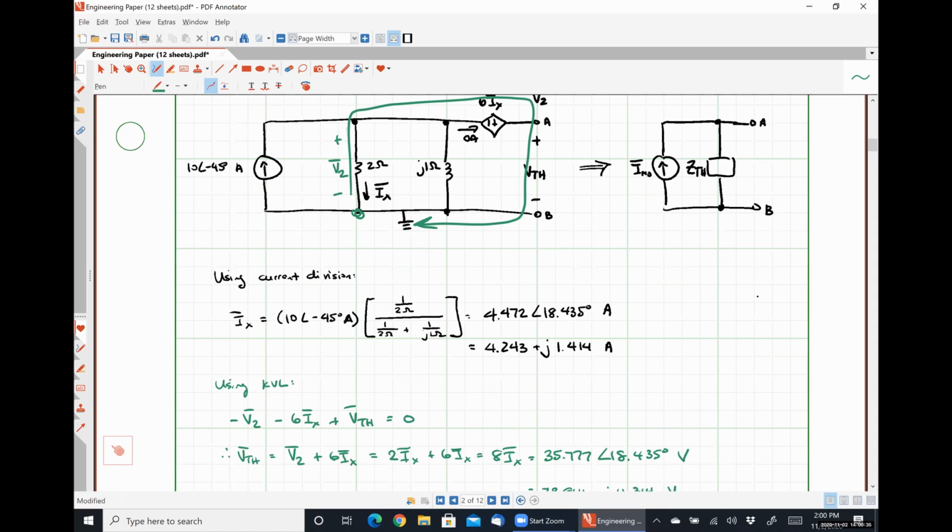Well, it's because you're multiplying by 8 angle 0. So when you multiply two complex numbers and one of them has an angle of 0, it means the angle of the other one does not change. Or you multiply a complex number by a real number, it doesn't change the angle.